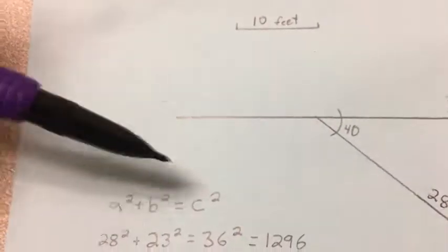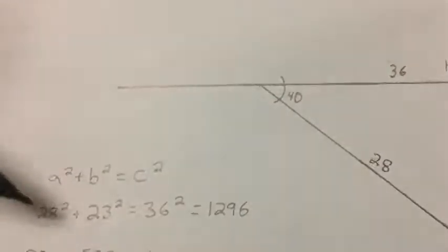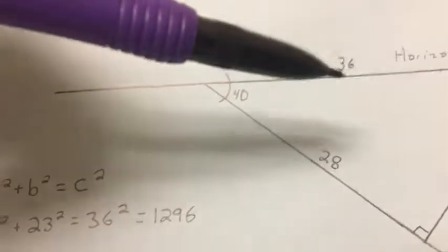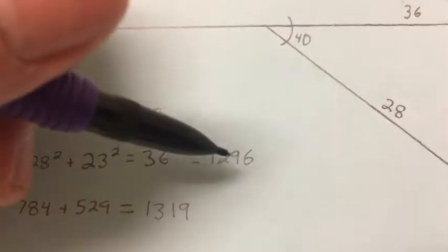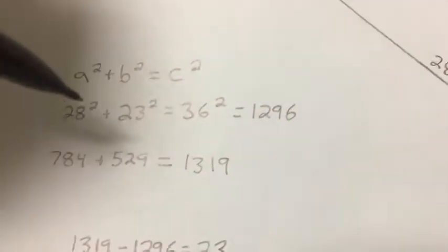So that's one check, but you really need the Pythagorean Theorem to do this, which is right here. So I have my a squared plus b squared equals c squared. My a squared, in this case, I'm using 28 because it's one of the legs. My b squared is 23, the other leg. And my hypotenuse is 36, and if you square 36, you get 1296.